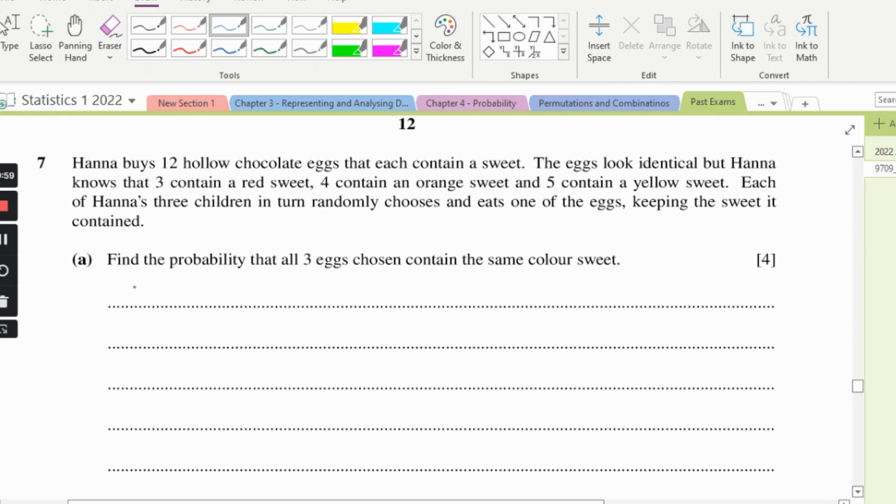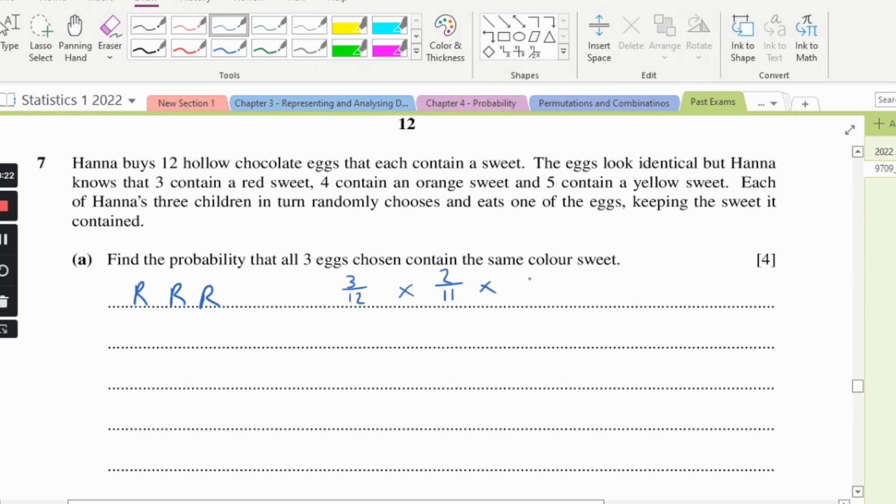Okay, well, let's think about red, red, red. That's one way of doing it, isn't it? What's the chance of getting a red the first hollow chocolate egg you choose? Well, there are 12 chocolate eggs and there are 3 red sweets, so it would be 3/12. Then once you've eaten that one, now there are only 11 to choose from. How many of them are red? 2.